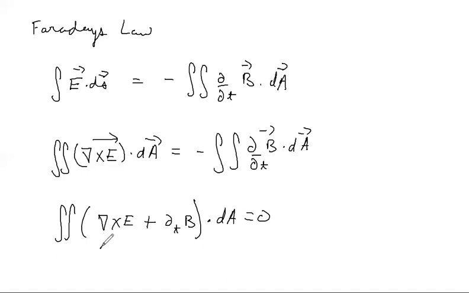Therefore, the integrand must be identically 0. So Faraday's law can be written as the following equation, stating that the curl of the electric field is minus the time partial derivative of B.